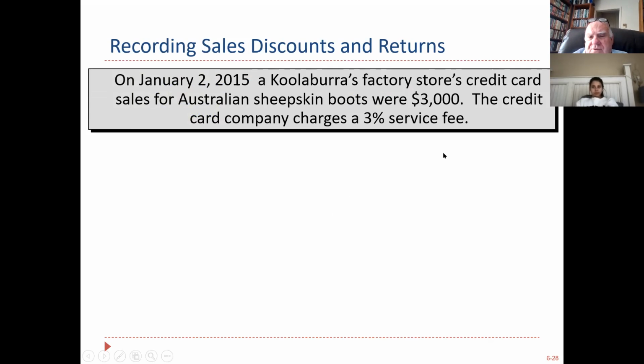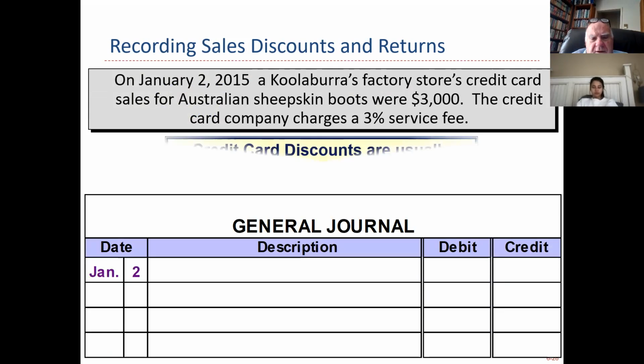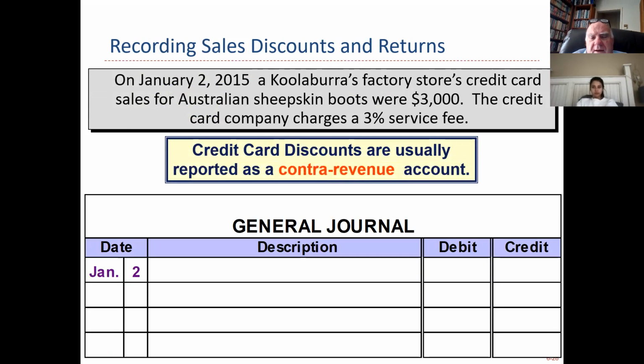The credit card charged them 3%. Uh-oh. So they're not going to get $3,000, are they? They're going to get an amount taken out equal to, I guess 1% would be 30, so it'd be $90, I guess. Credit card discounts are reported as contra revenue.